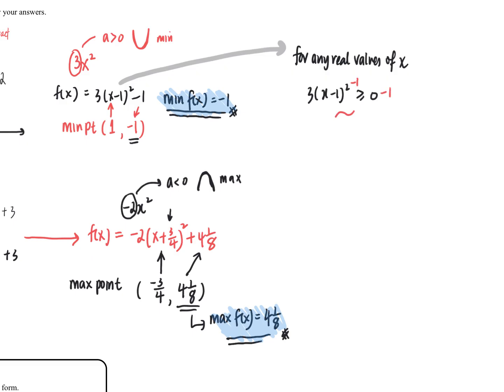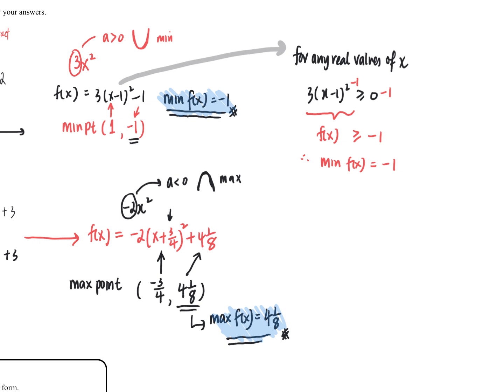So actually what we have found is f of x must always be greater or equals to -1. For any x values you sub in, your y value is always -1 or greater. So therefore, the minimum f of x value must be -1. Because anything is -1 and above. So the lowest value you can go is -1.